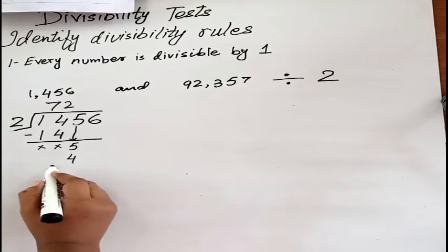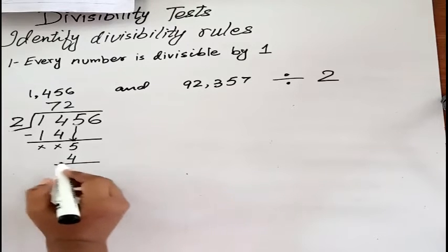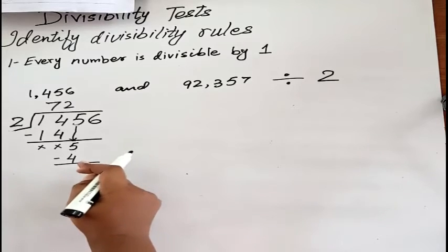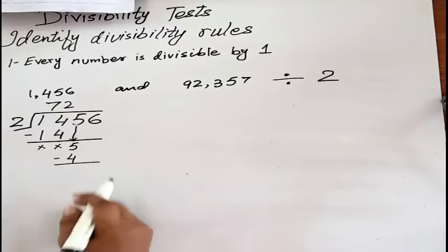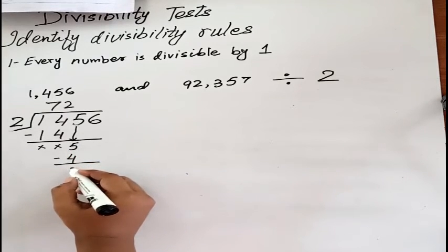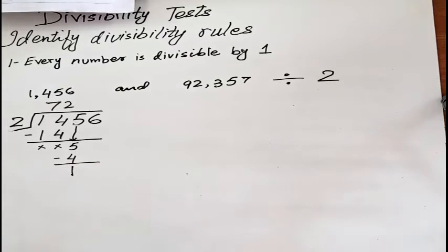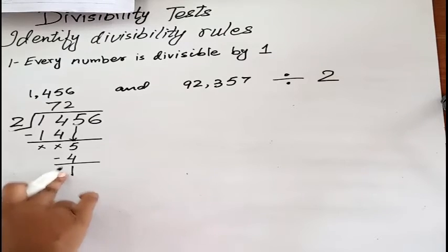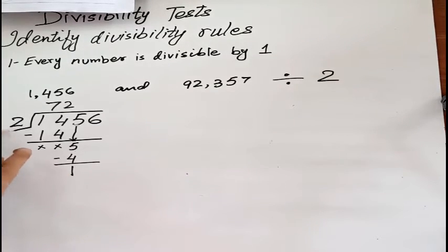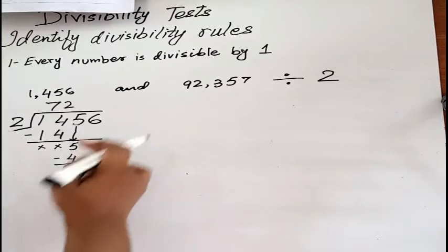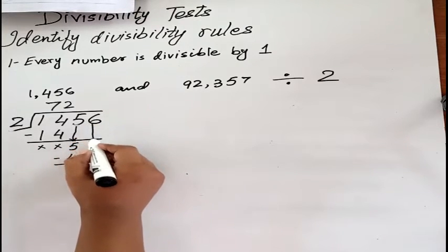Understood? Again we will repeat the sum: subtract 4 from 5. 5 minus 4, the answer is 1. Now we will see, is 1 greater or 2 greater? 2 is greater, so we have to make this 1 bigger than 2. We will bring the 6 down.